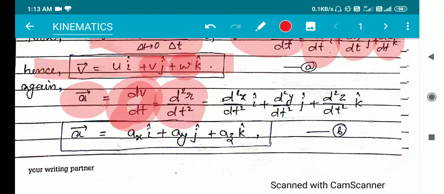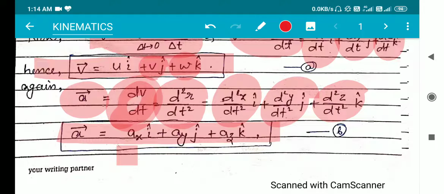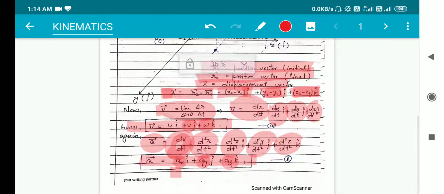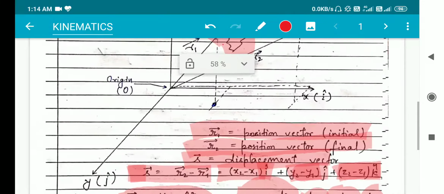Further, you can write the double differentiation of position with respect to time in the x, y and z directions. So I can write the acceleration vector as ax i cap plus ay j cap plus az k cap, where ax, ay and az are the accelerations of that particle, I mean that insect, in the x, y and z directions. Hope you have got this point. This is one of the important things I have informed you right now.